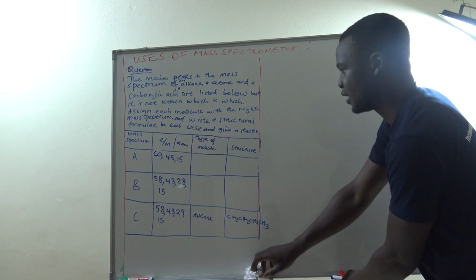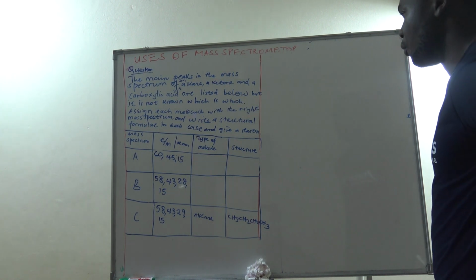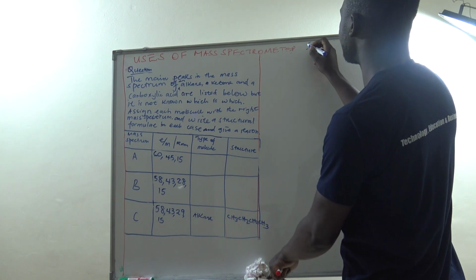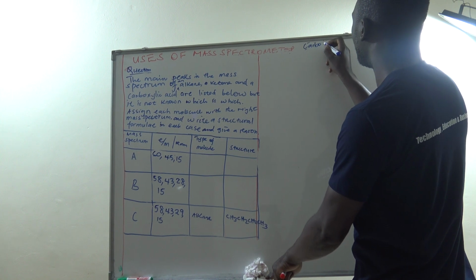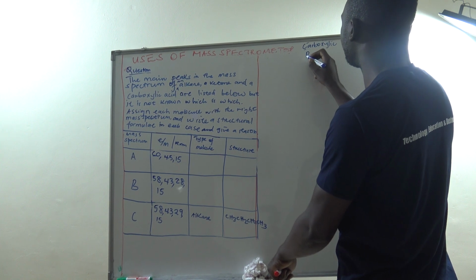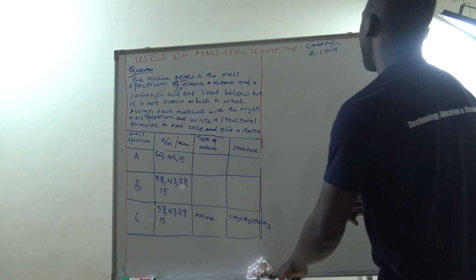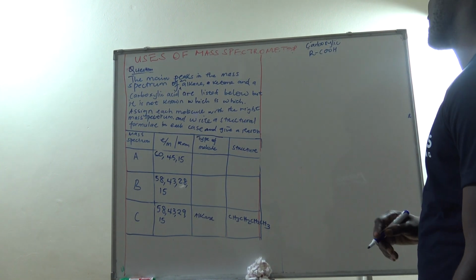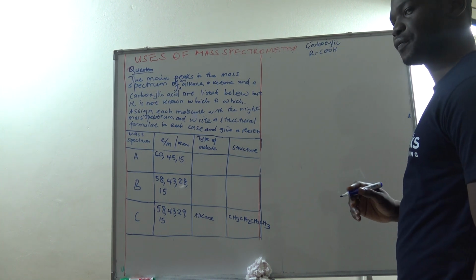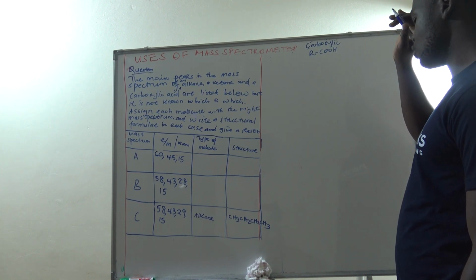substantial reasons. Now, they said that one of the mass spectra is for a carboxylic acid. So let us look at the carboxylic acid. The general formula for a carboxylic acid is RCOOH, where this is called the carboxyl group, and R stands for an alkyl group.